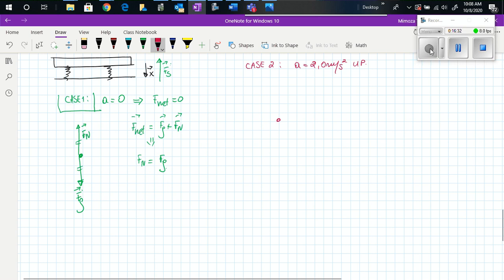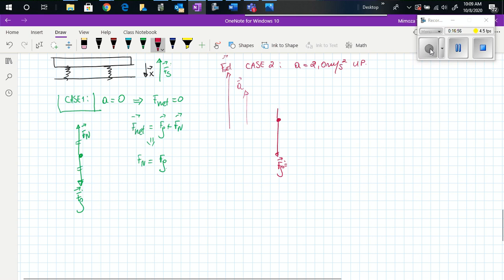The free body diagram in this case will be something like this. This is the force of gravity, which is your mass times the acceleration due to gravity. But since the acceleration is going up, that means that force net will be up as well.